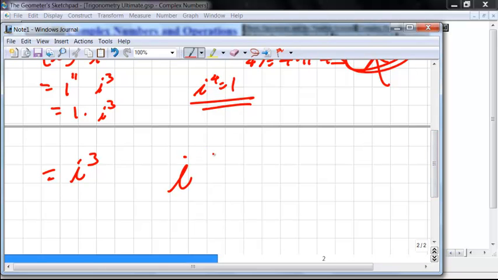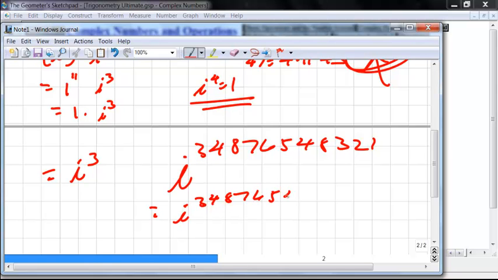Now what if I have a really big number? Well, notice that this is i to the 3487654800 times i to the 21st. The point is, once I get something that ends in 2 zeros, it is divisible by 100 and hence divisible by 4.